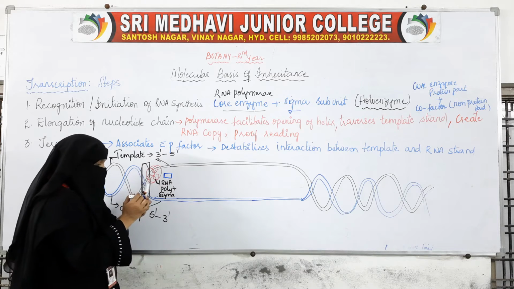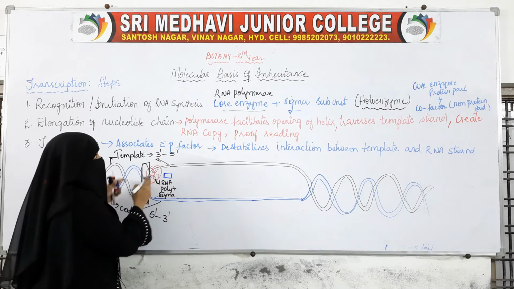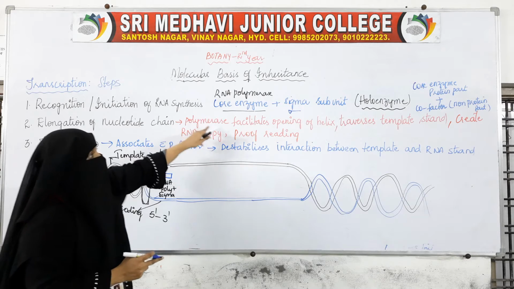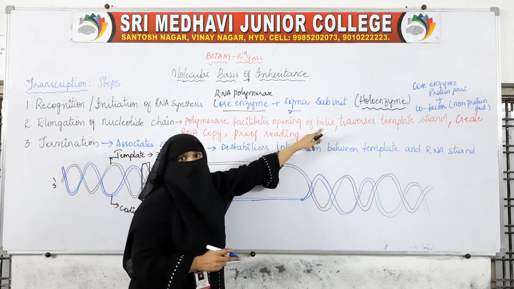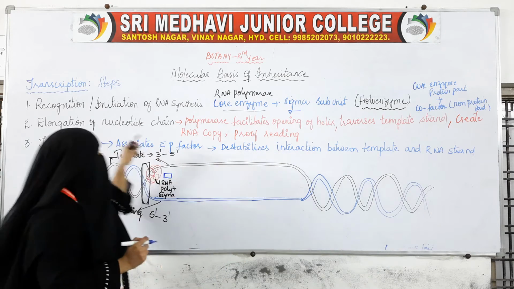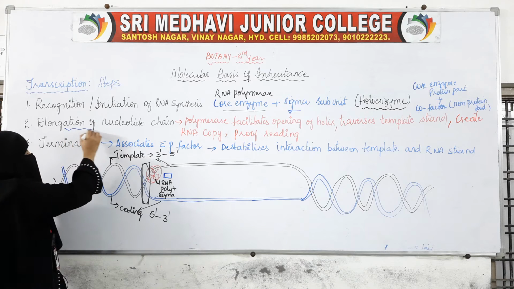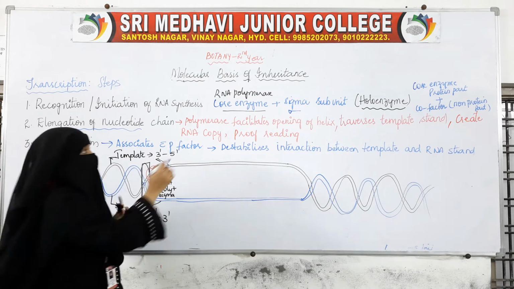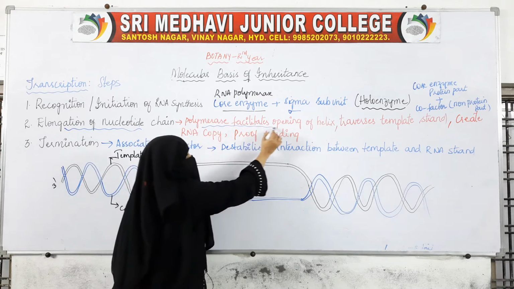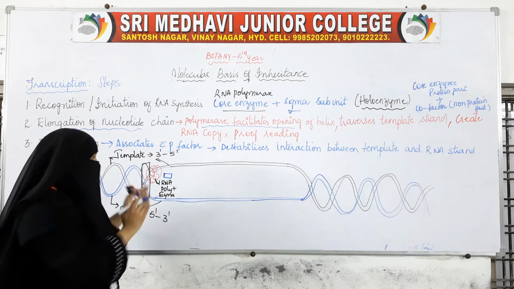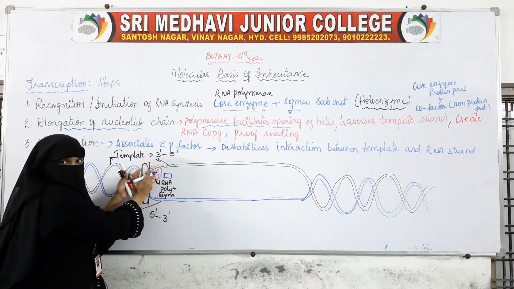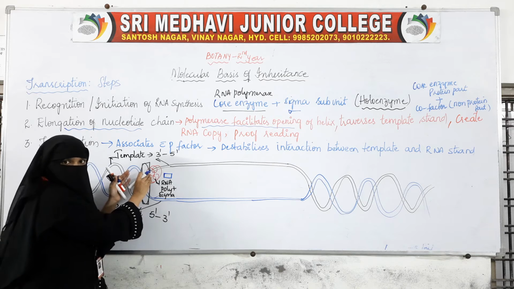In the second step, where elongation of nucleotides is taking place, what is happening? The polymerase facilitates opening of the helix. As soon as the site is recognized, from here transcription is taking place.